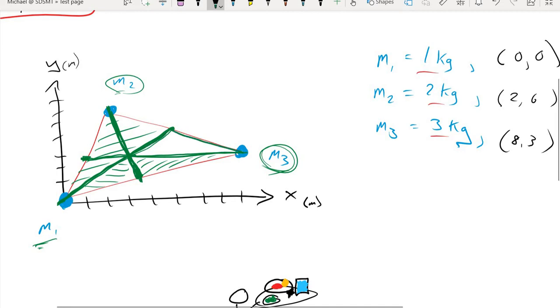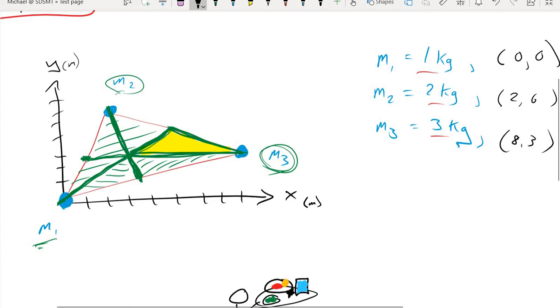So we've narrowed down the range considerably, but there's still quite a bit of area inside this smaller triangle where the center of mass for the system could be. I'm only going to use this as what I refer to as a guesstimate.